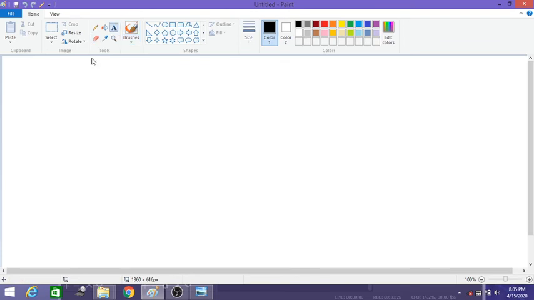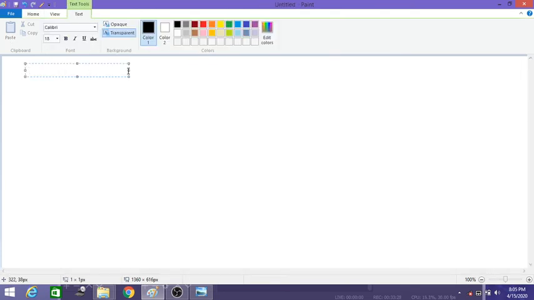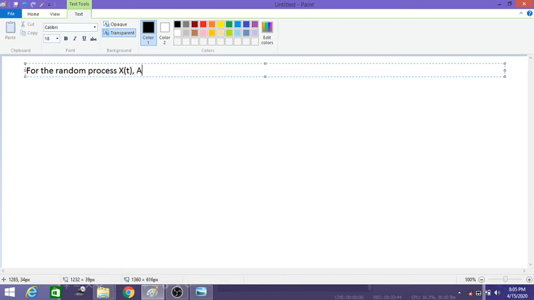Let me write the example here, the problem. It is for the random process x of t, which we'll define below, where a and omega c are constants. So again it is the same example that we have discussed before. We are taking the same thing.